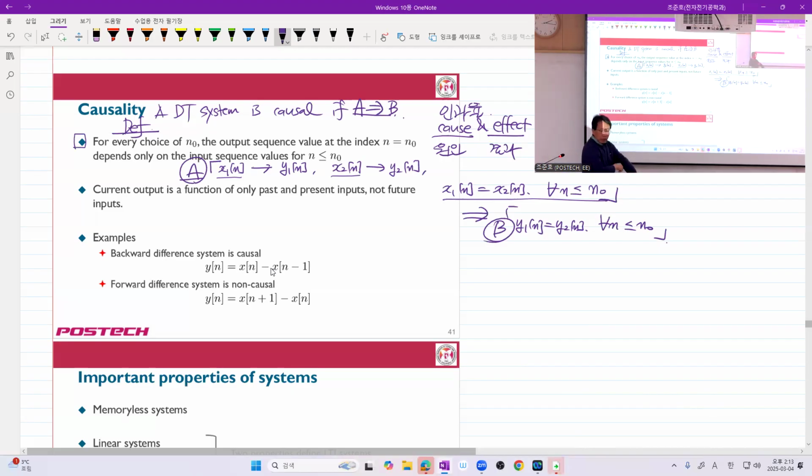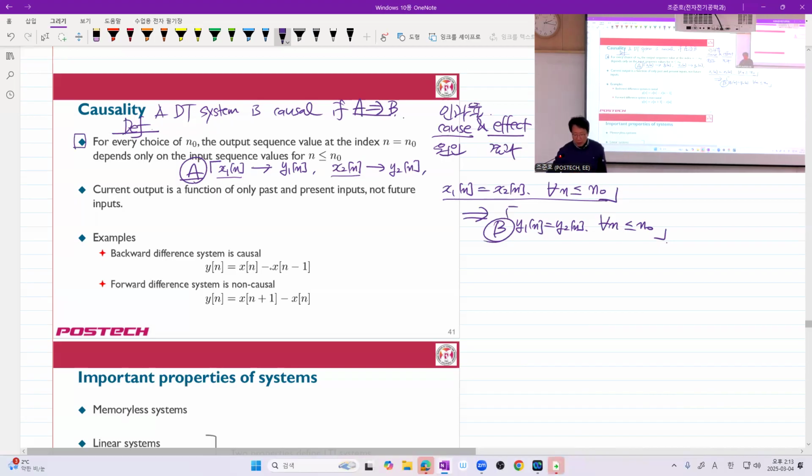You may wonder why this precisely defines causality. There are two ways: just accept it, or think over and over. Then no other definition is better than this.